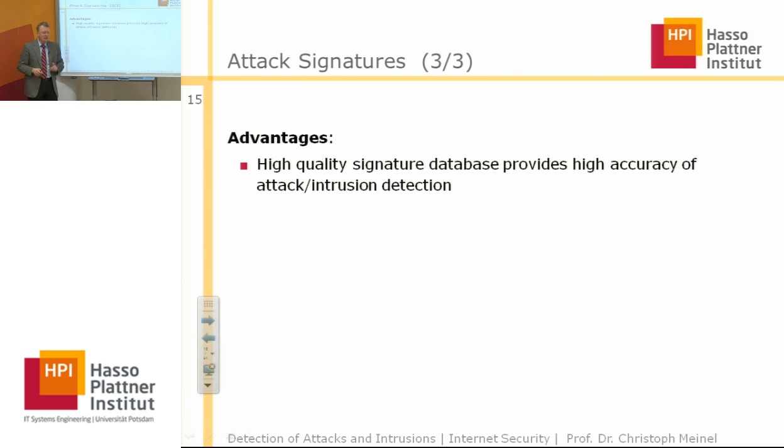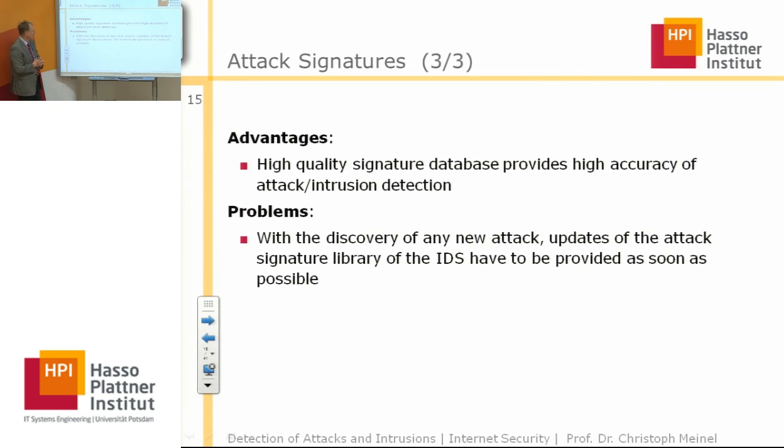But you see, the quality depends on this signature database. Exactly, that's the problem. The database can only store event characteristics of known attacks. Unknown attacks need to be analyzed before they can be detected by such a signature-based intrusion detection system; it's necessary to find the characteristic pattern of this new attack. So new attacks cannot be detected.